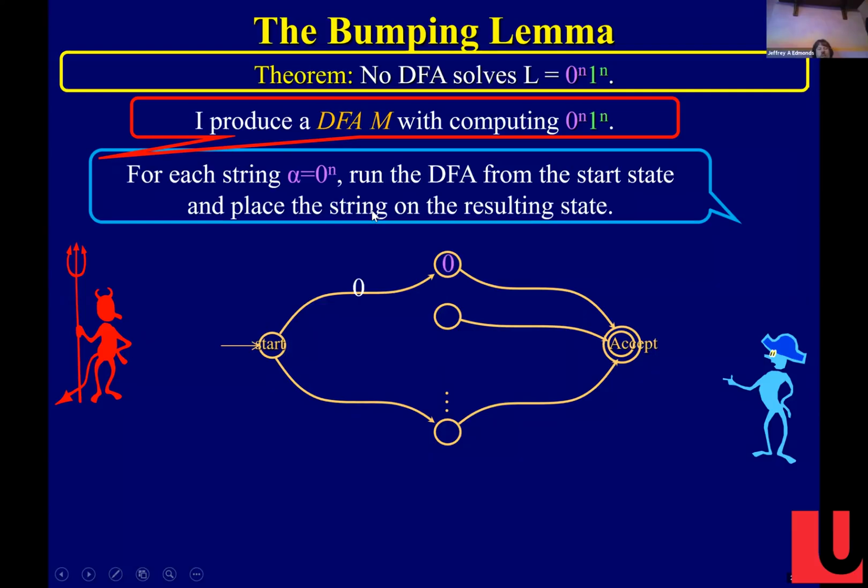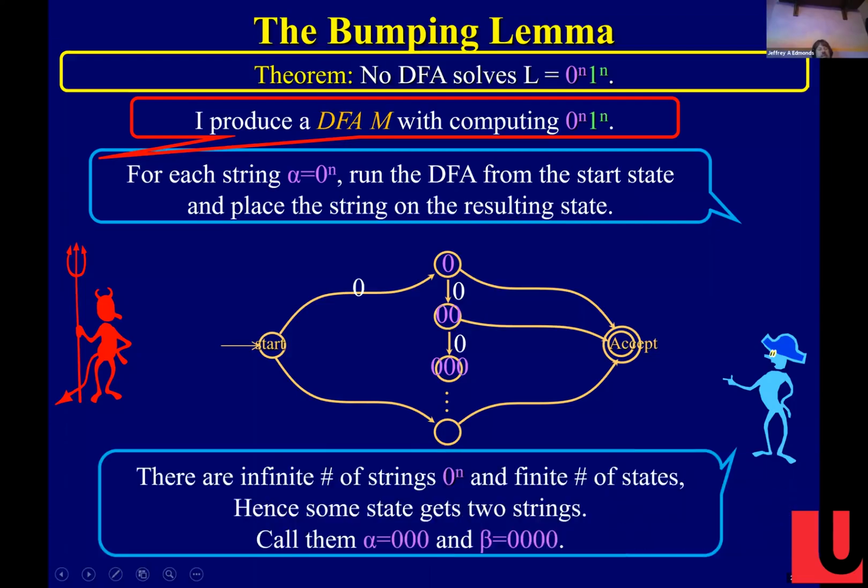And where do you go? Well, maybe 1 zero takes you to that state. Maybe 2 zeros takes you to that state, 3 zeros to that one. So now there's an infinite number of possible numbers of zeros: 1, 2, 3, 4, 5, 6, 7 up to infinity. An infinite number of possible strings, right? But this is a finite automaton.